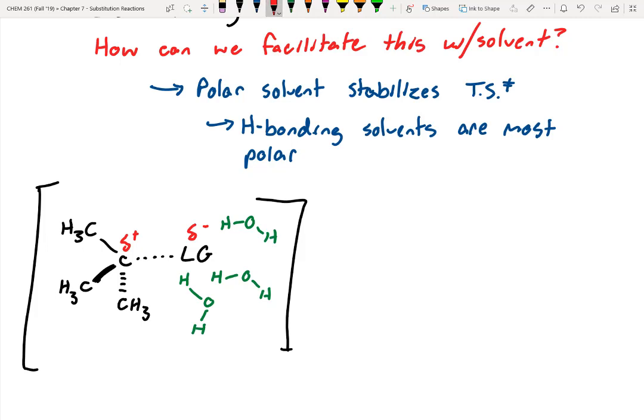If we look at each of these, the cool thing that's going on here is a polar protic solvent will actually hydrogen bond to your leaving group as it's starting to fall off.